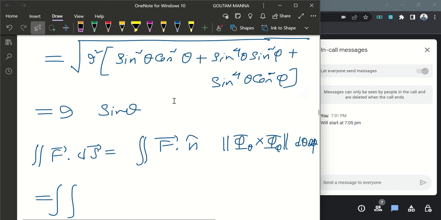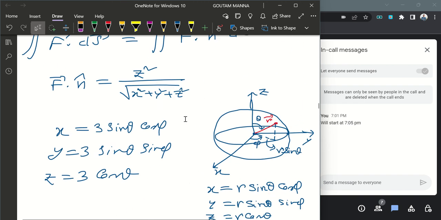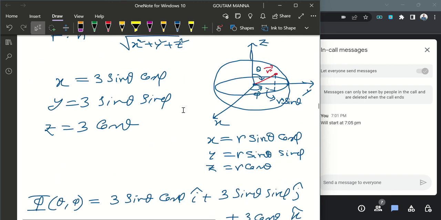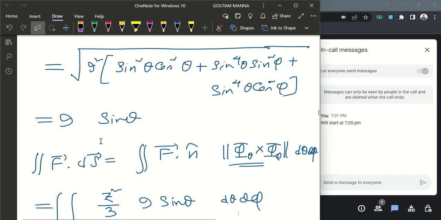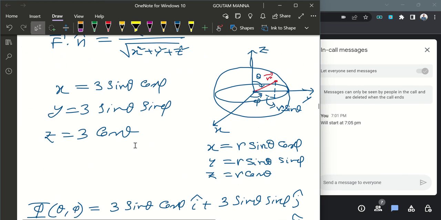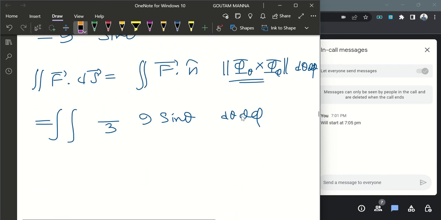So we have z square by 3, and this quantity is 9 sin theta, sorry, and then we have d theta d phi. Now if we replace z by 3 cos theta, then z square is 9 cos square theta.